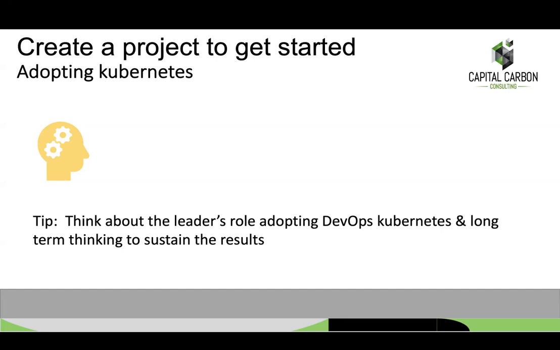And the third part is people. What are the people skills which are needed? How do you upskill your people in order to sustain that long-term thinking of building resiliency and a cloud native application landscape within your organization?